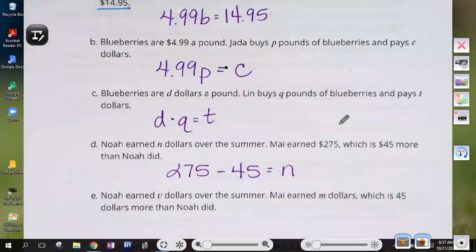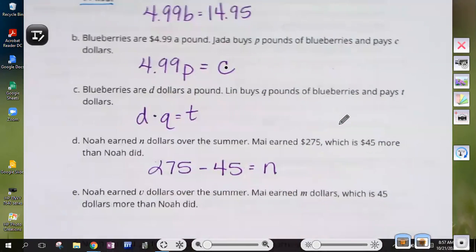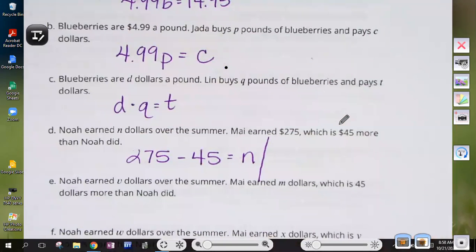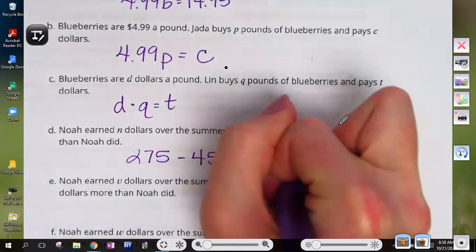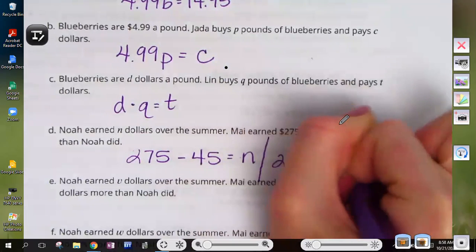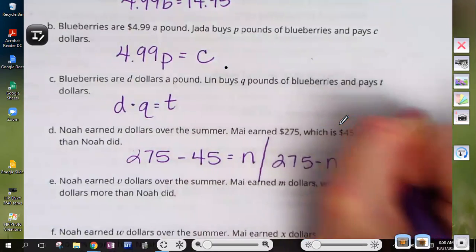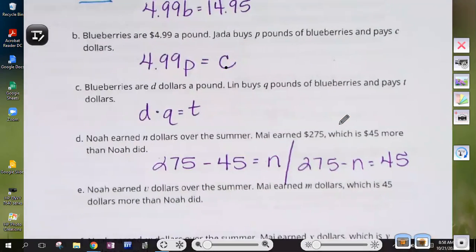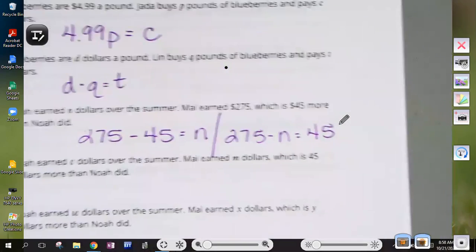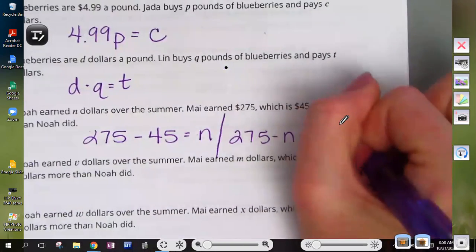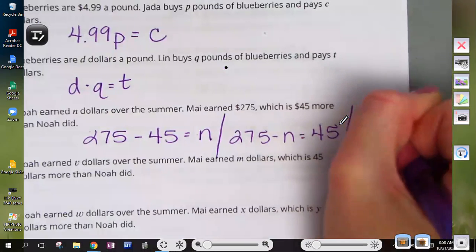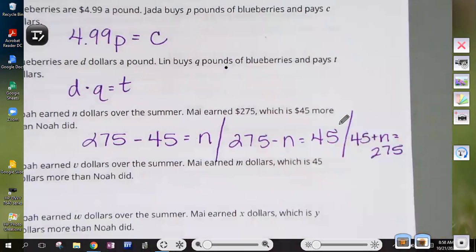That is correct. So if you did this, you are correct, okay? What is another way we could have done this? Tyler? 275 minus N equals 45. That is also correct. Did anyone else get another way they could have done it? Hayden? 45 plus N equals 275. That is another way you could have done it.